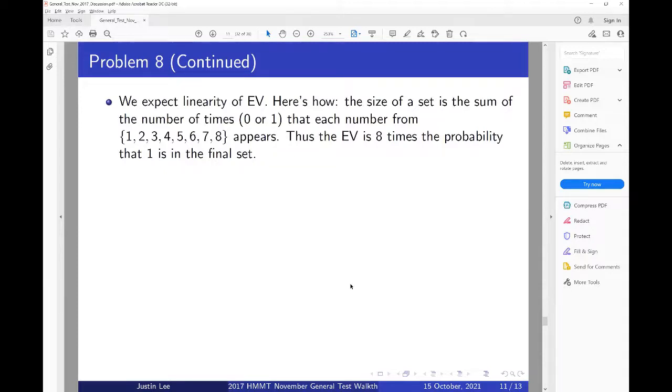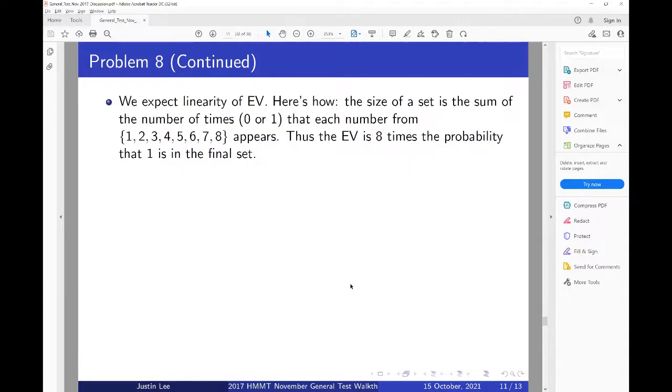So in this case, we want to find the expected value of the size of the final set. And the size of the final set is just the sum of the number of times each of 1, 2, 3, 4, 5, 6, 7, 8 appears in the set.